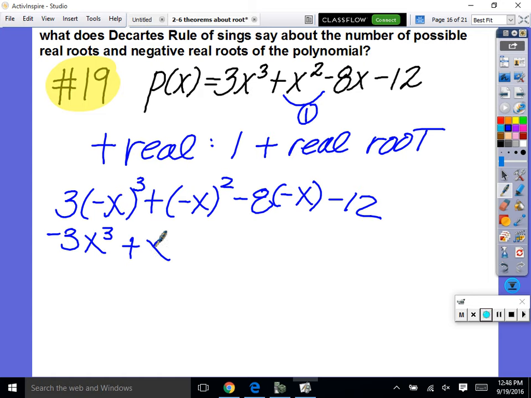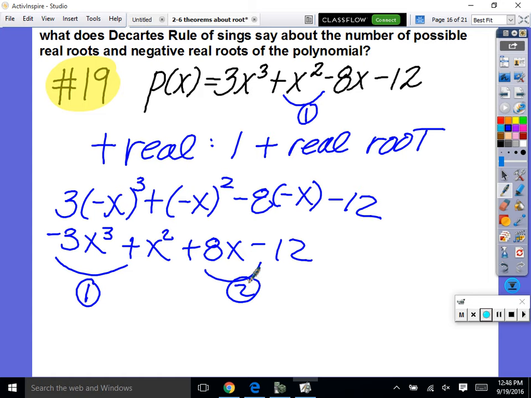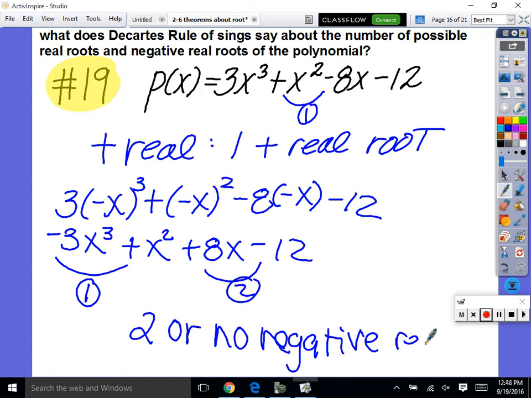So plus x squared plus 8x, correct? Minus 12. How many times does our sign change? 1 and 2. So this is either going to have 2 or no negative real roots. Does everybody understand how to use Descartes' rule of signs?